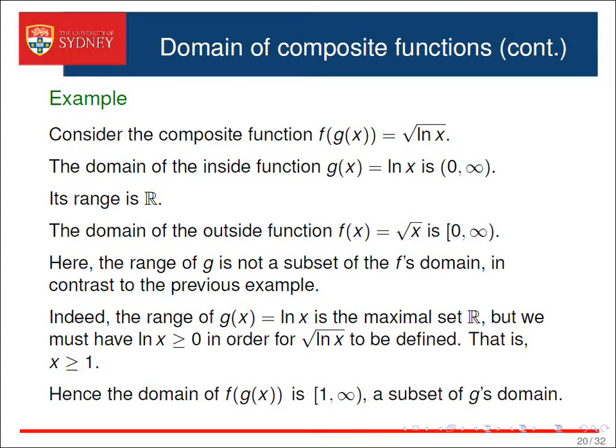Indeed, for any choice of x between 0 and 1, not including 1 itself, the inside function ln x will be a negative number, which is not inside the domain of the square root function f. Therefore, these choices of x do not form a part of the composite function's domain.